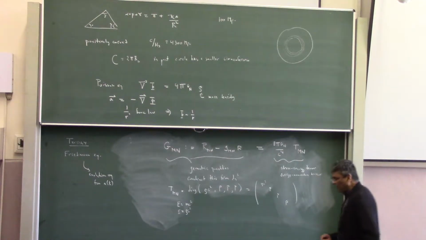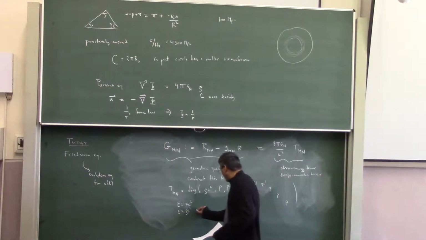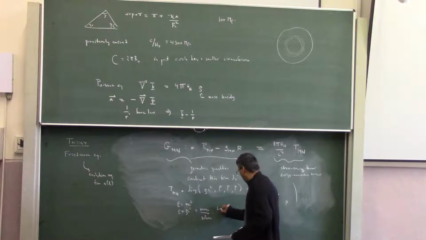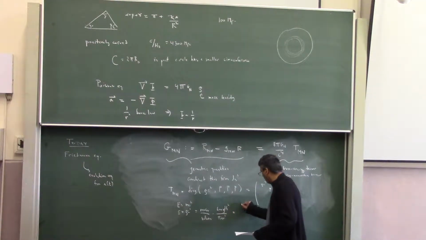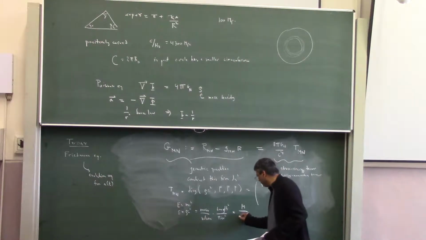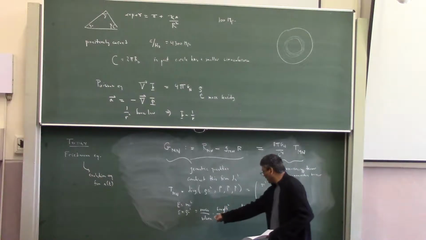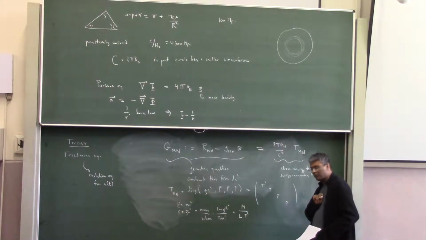So we can think about this then as a mass per volume times length squared per time squared. So volume is length cubed, you've got length squared up here, so two of the powers of length cancel against the volume, and there's a time squared here. Okay.